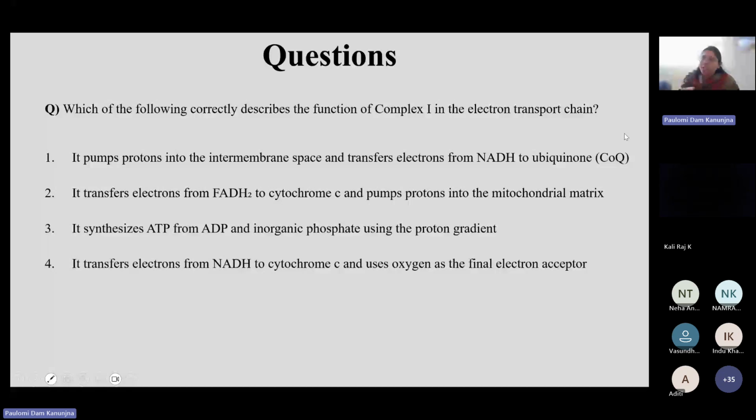The link will already be on the folder, I believe. So you will be given the folder which contains the PPTs, the PPT I'm using for this session. So the PPT will also be available to you, and the recording of today's session will also be available to you. So you will have both the sources available for your revisions when you are preparing for the exams.